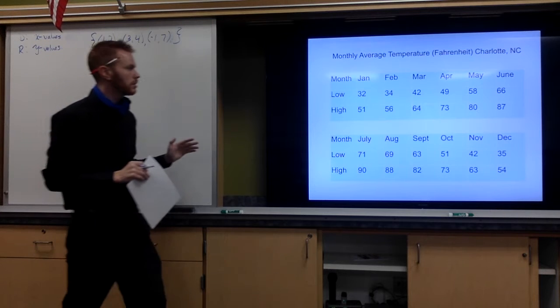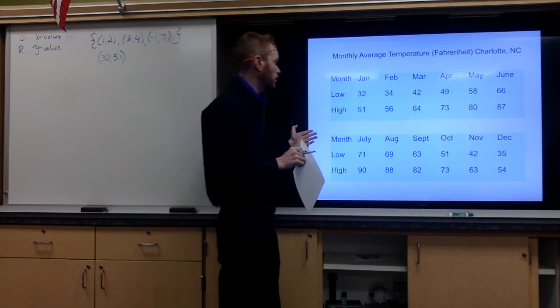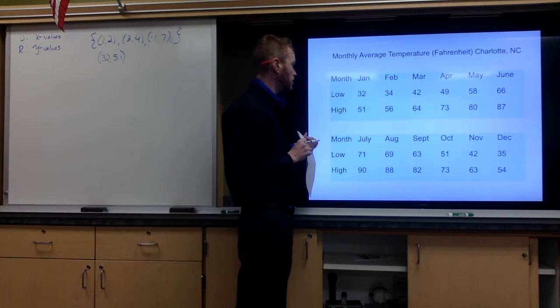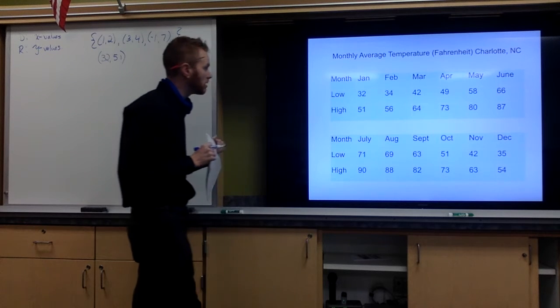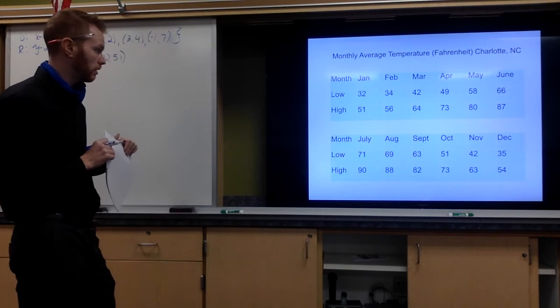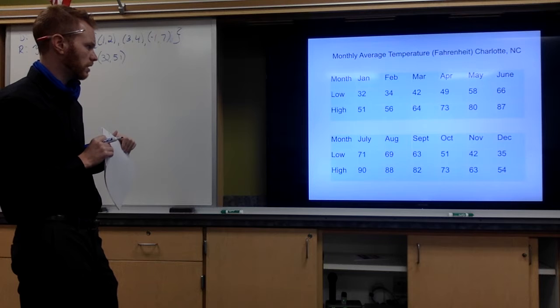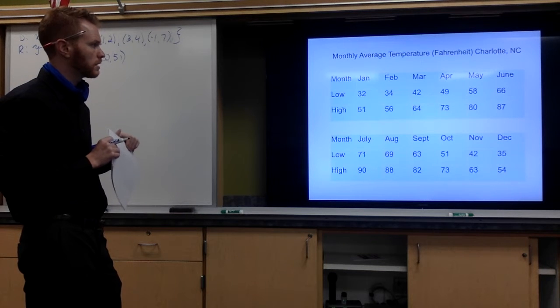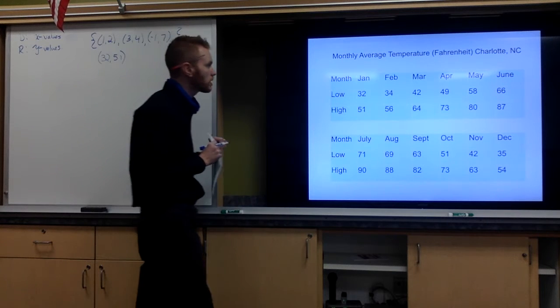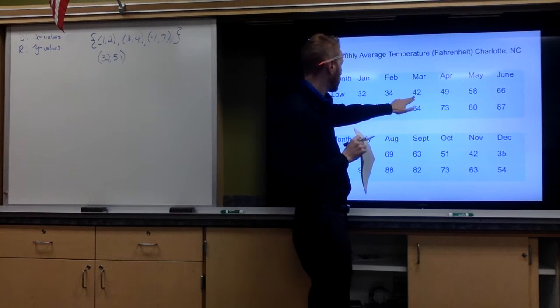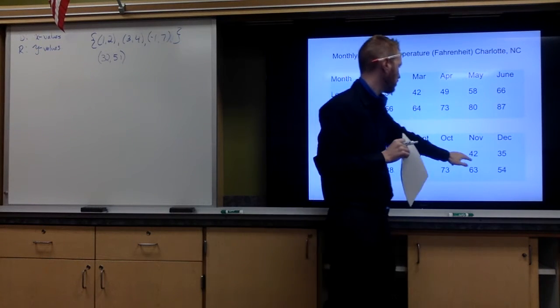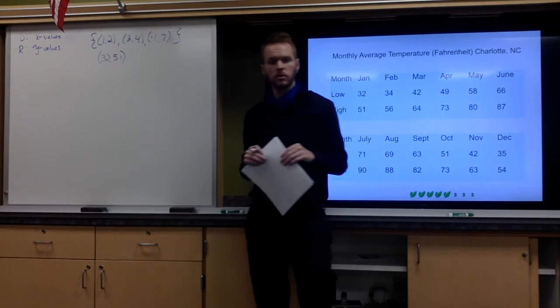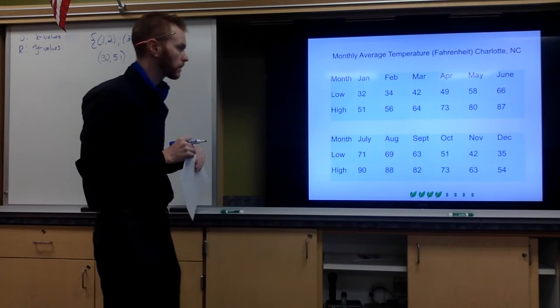Do you see in this grid any outputs that are repeated? I don't think so, right? I think all the highs are different numbers. I don't see anything repeated. We might have some lows that are repeated. I think March's average low is 42 degrees, and another average low is 42 degrees. So there are some repeats there.